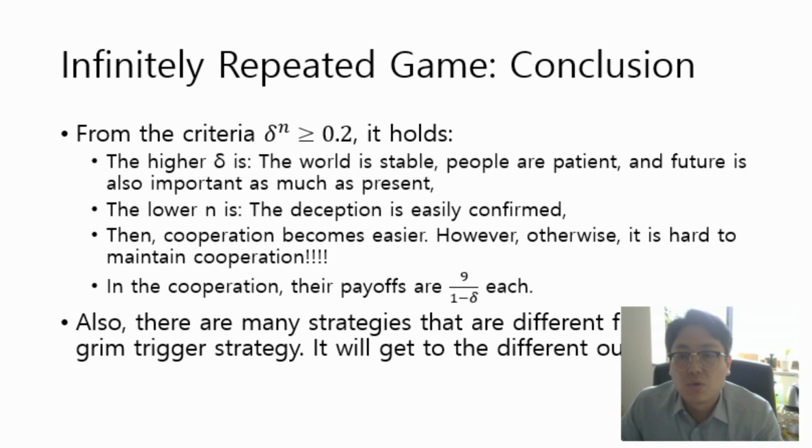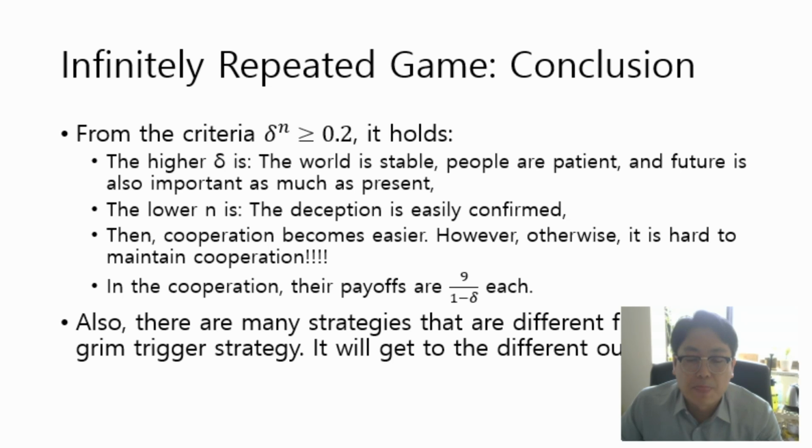And also, people are very patient. Because they are very patient, even though they receive some result in the future, it's fine for them. And it also can be understood as that the future is also as important as the present. That's the meaning of the higher delta.